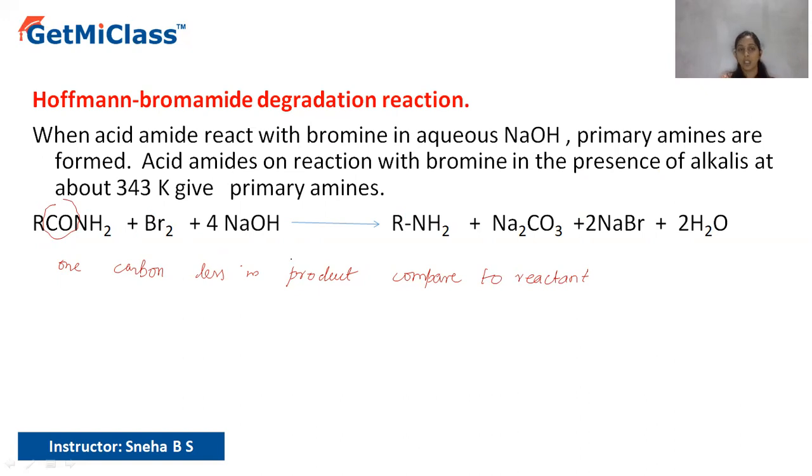When it undergoes Hoffmann bromamide degradation, you are going to get only one carbon, RNH2. So this is the method of preparation. So different methods of preparation are there for an amine. The two, that's Gabriel phthalimide and Hoffmann bromamide reaction, are the two named reactions in the preparation of amines.